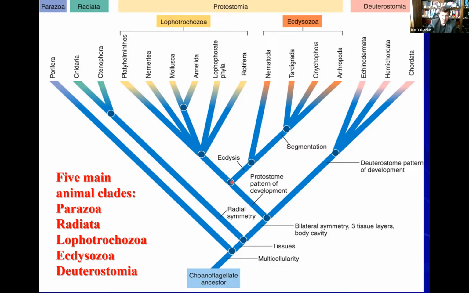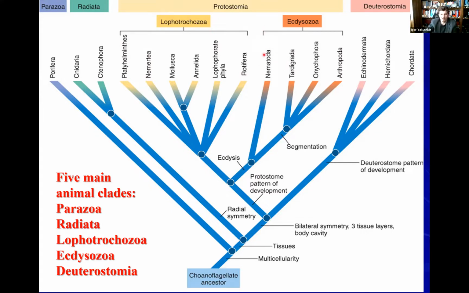And in the protostomes, we have the Ecdysozoa, the shedding of the outer skeleton, and then the Lophotrochozoa. As you can see, the platyhelminthes, mollusks, annelids, etc. For the Ecdysozoa, we have two very large groups.